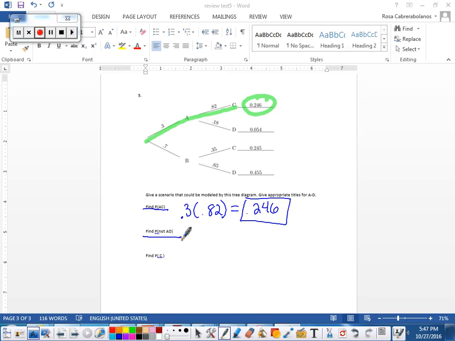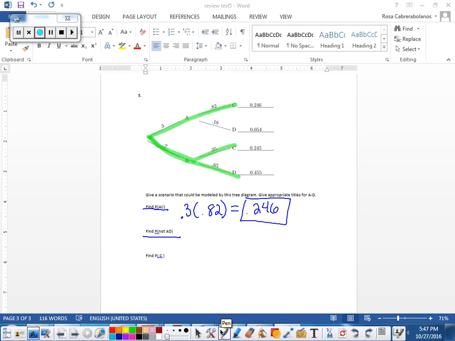Probability of not AD. That's interesting because there's two ways. The hard way or the easy way. Hard way is not AD. That means I can take AC, I can take BC, and I can take BD. Everything except AD, right? But that's a lot of multiplying, and like I said, I'm lazy and I don't want to waste my life doing that.